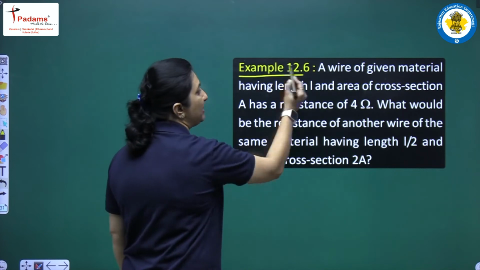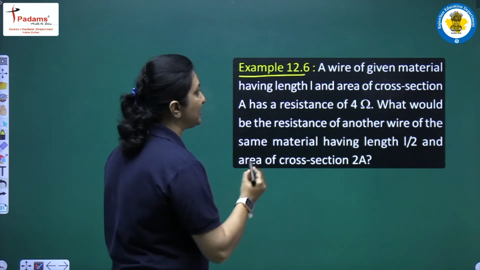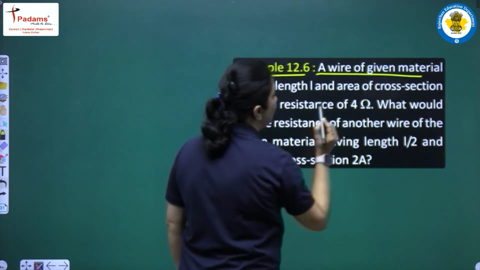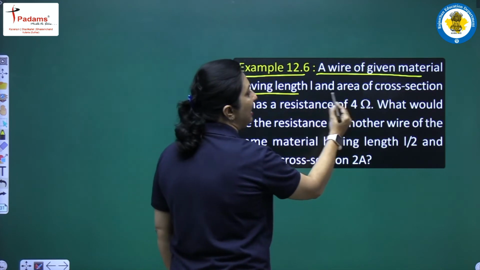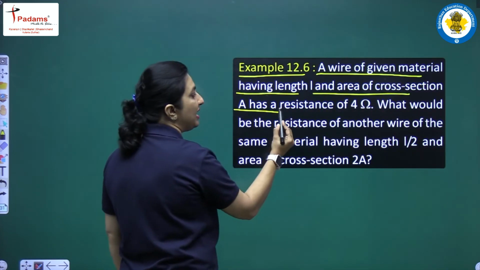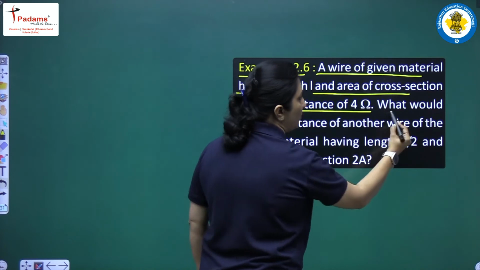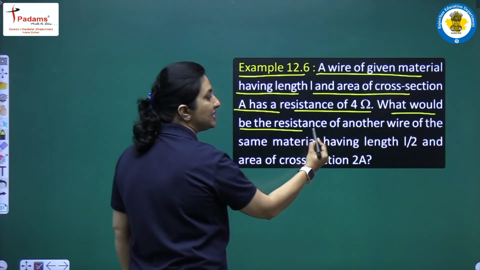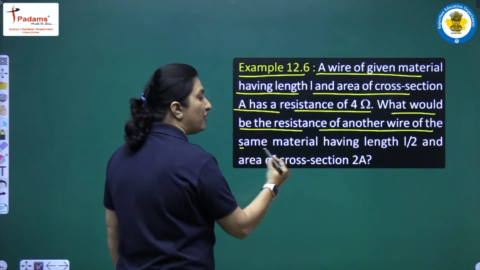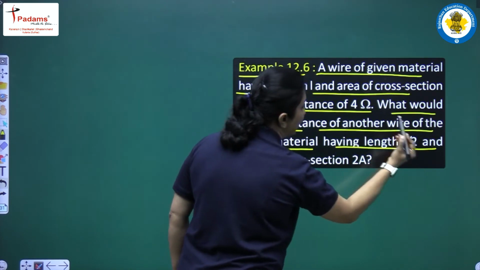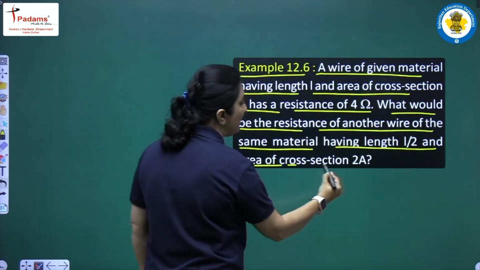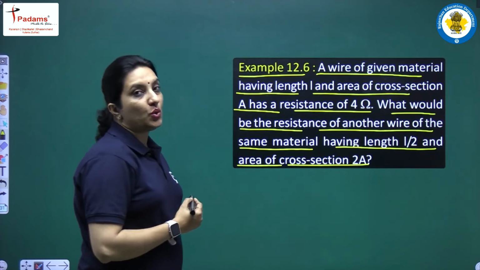That is example 12.6. A wire of given material having length L and area of cross section A has a resistance of 4 ohms. What would be the resistance of another wire of the same material having length L upon 2 and area of cross section 2A?